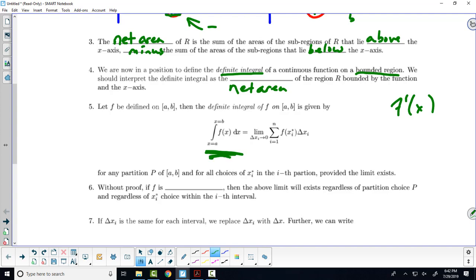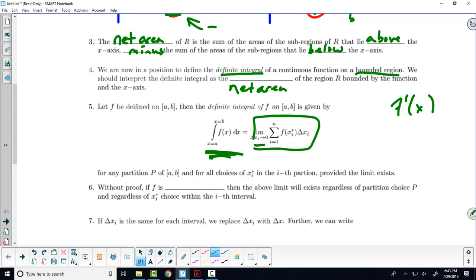a limit. Okay? Now, the author did a really good job in that he defined this to be for all partition widths, and for any choice of xi star, any value in this. So to say that this limit exists is an extremely difficult thing to prove. To show that that limit exists abstractly in the general Riemann sum. It's extremely difficult to prove because each one of these rectangles' widths is going to 0.